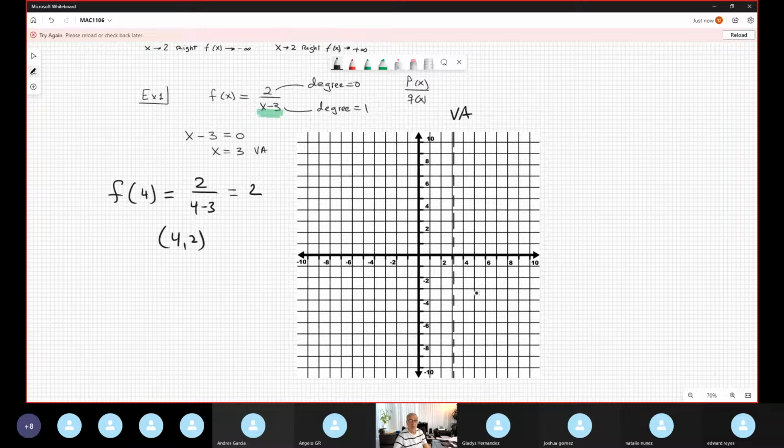I plot this point in red. This is my first point. Now evaluate at 2, because remember the asymptote is located at 3. So 2 over 2 minus 3, and 2 minus 3 is negative 1, so the result is negative 2. The point is 2, negative 2.